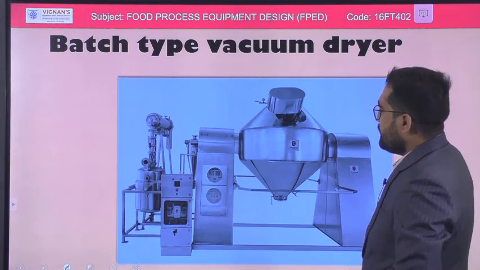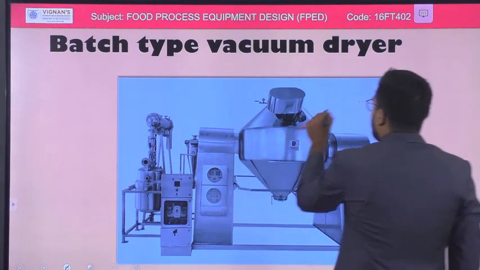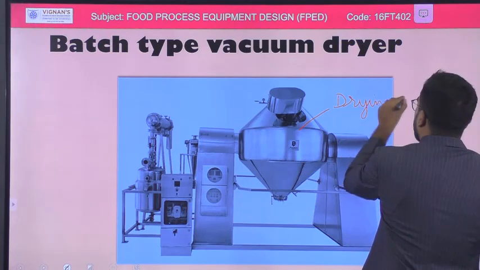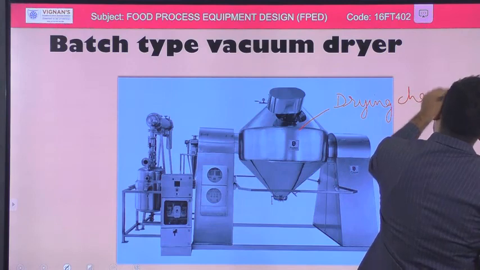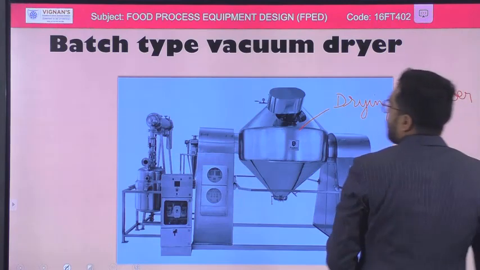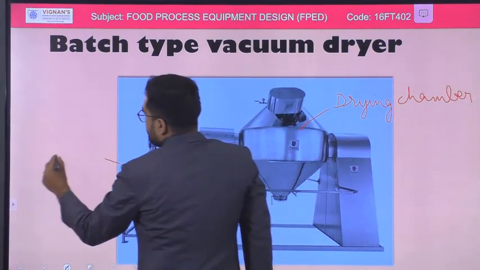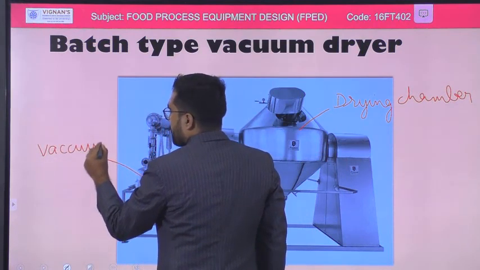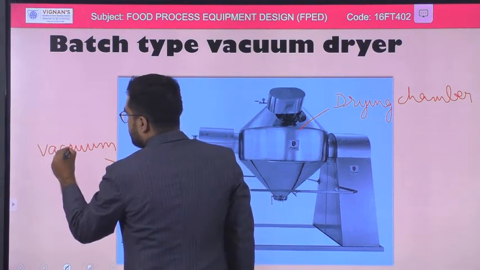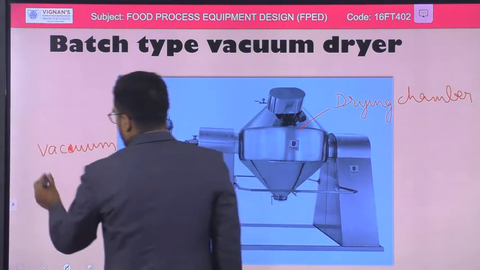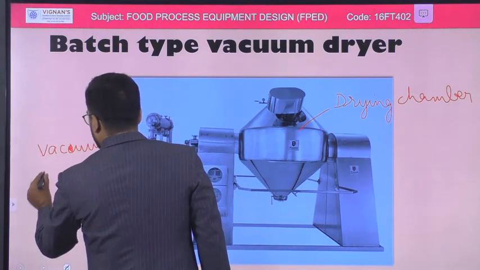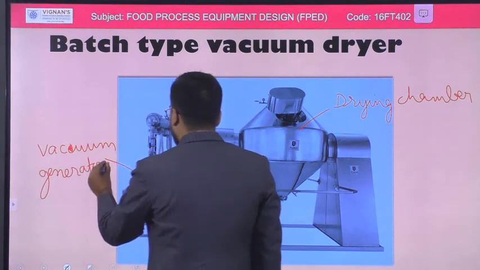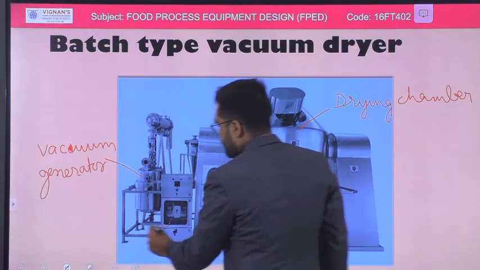So here we have the drying chamber. This is the system for vacuum. This is a vacuum generator.